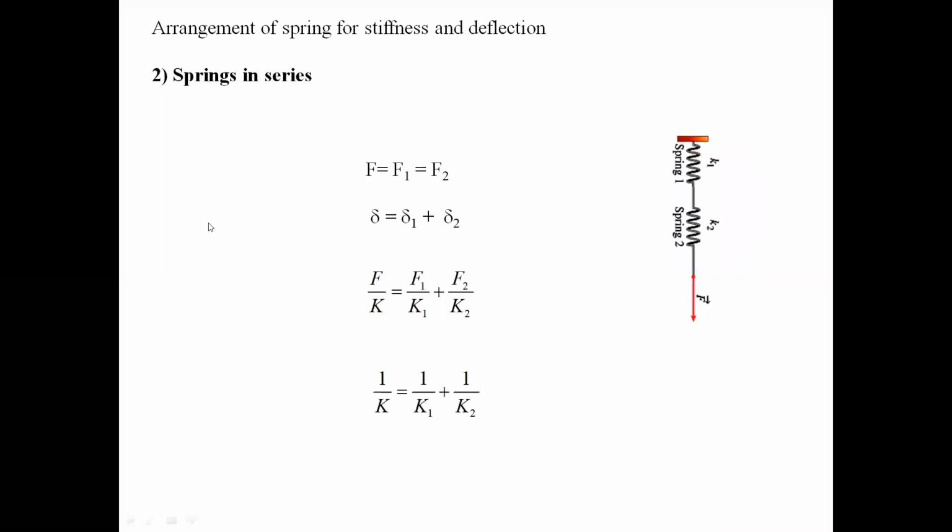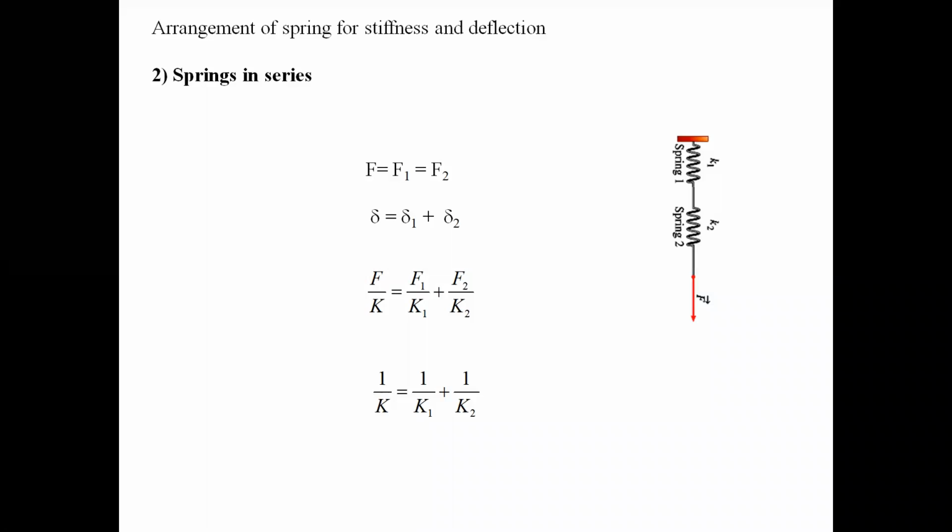Another arrangement is the arrangement of springs in series. Just look at the picture again. You'll find that there is spring 1 and spring 2. Spring 1 has K1 as its stiffness, spring 2 has K2 as its stiffness, and there is a force F. Now, as the force is applied, and it is an axial force, whatever force F is applied, it is common for both.